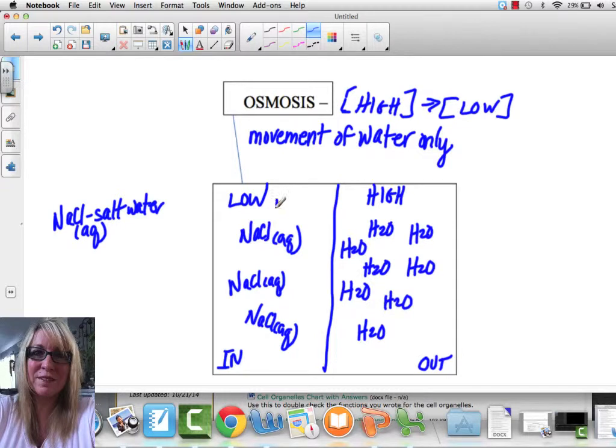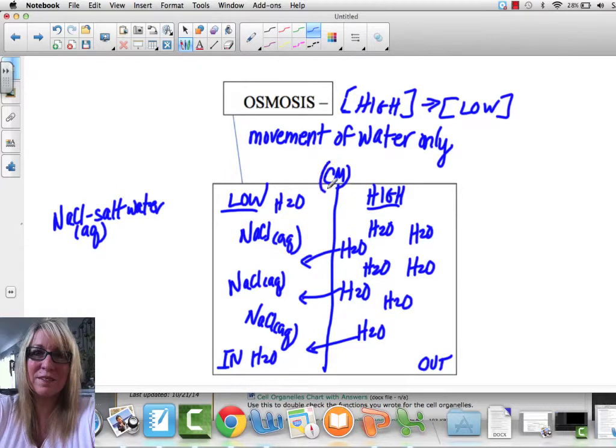And maybe we only have like 2 water molecules. So what happens now is that this is going to go from an area of high concentration to low concentration, and it's water until it spreads out. And this again in the middle is our cell membrane.